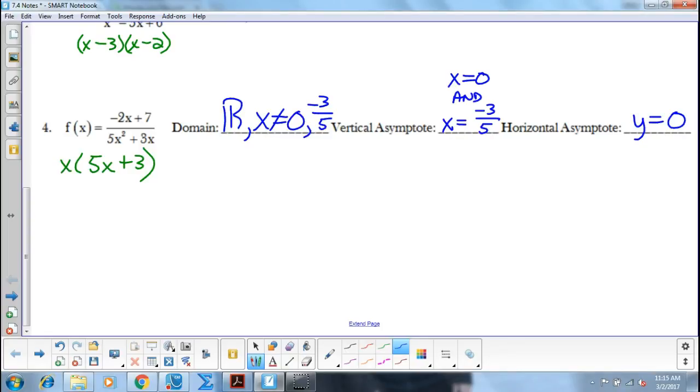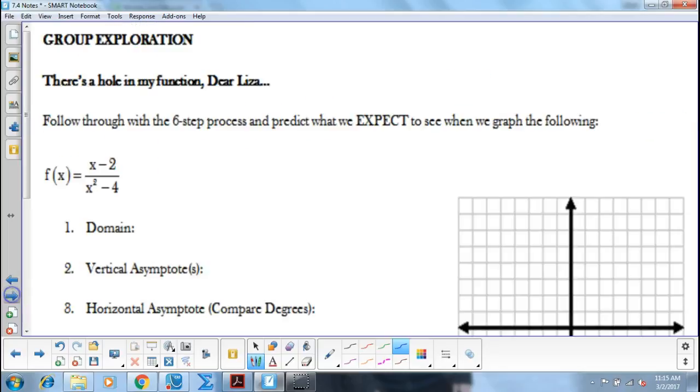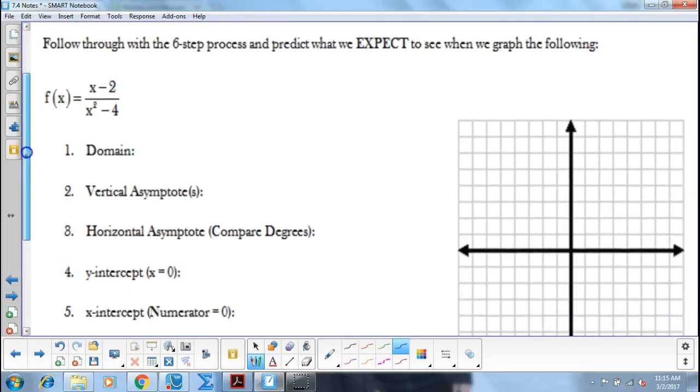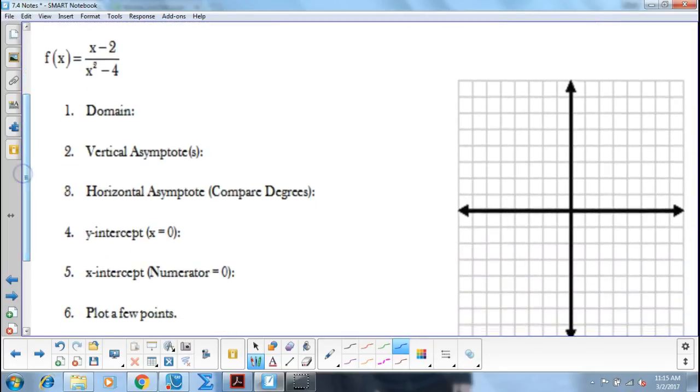And if you weren't here on Monday, go to Monday's notes, print out page number 1, and then you'll have your cheat sheet ready to go. So let's work our holes in our functions, which is step 5 on our cheat sheet.